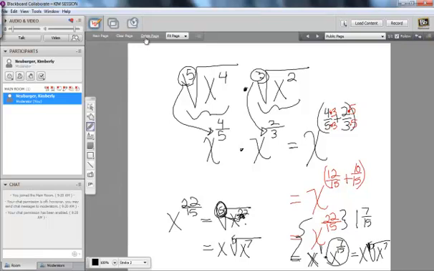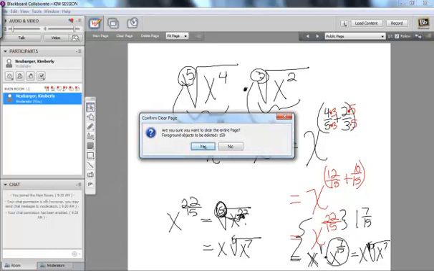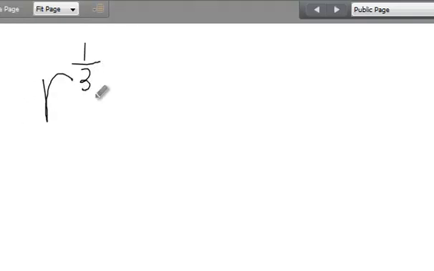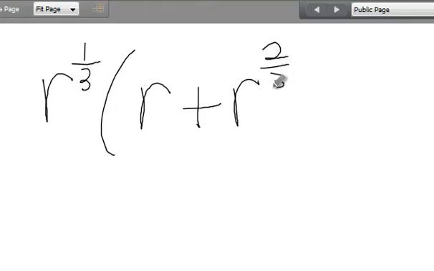Let's look at one more type of problem that in previous situations we would have thought we couldn't do. So let's say that you had r to the 1/3, and you're multiplying it by r plus r to the 2/3. You can do this the same way, distributing this.